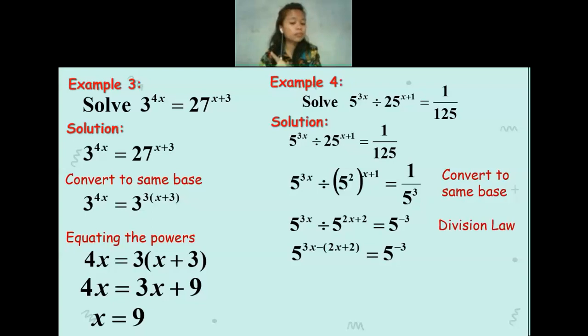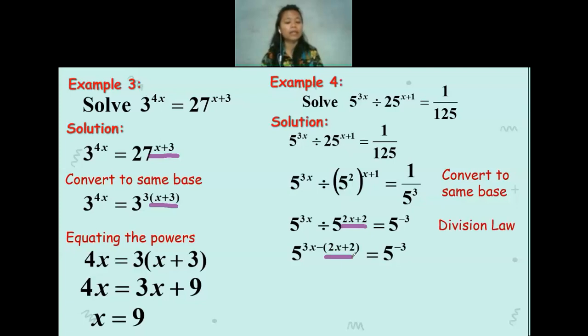When we subtract, I put a bracket. As I told you before, when the next thing has two terms, you have to put a bracket on it. Like before, the power was x plus 3 for example 3, and I put it inside the bracket.